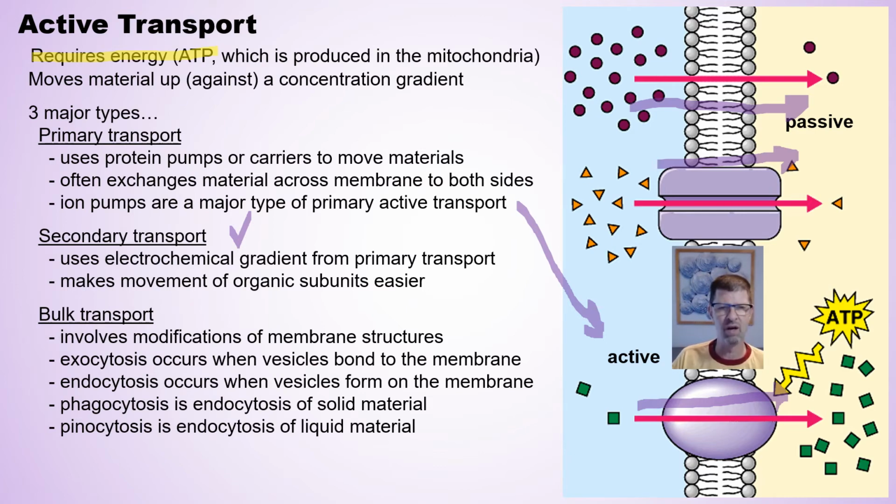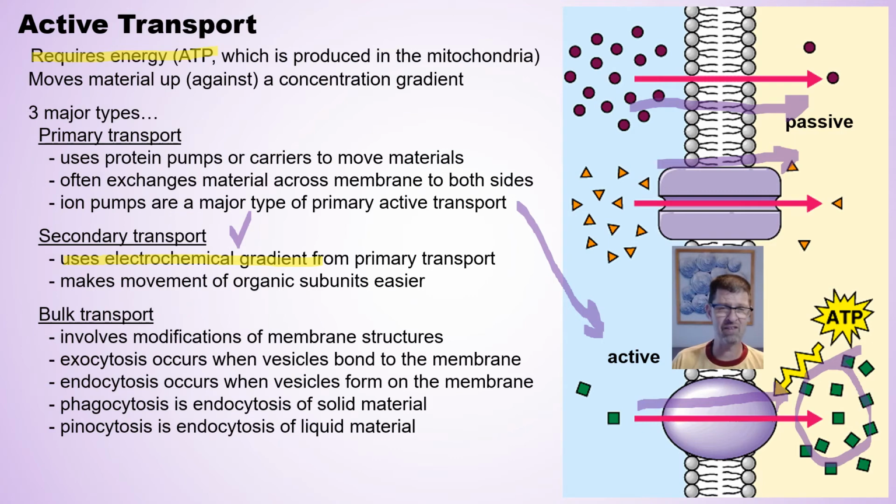So it says here, primary transport uses protein pumps, as I said, to move materials, and secondary transport uses electrochemical gradients. So in other words, we've got a lot of this material built up over here, and as a result, it wants to flow back, and if we let it flow back, it can take some other things with it.